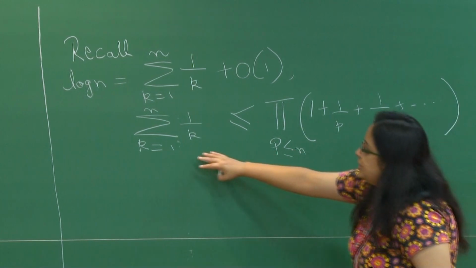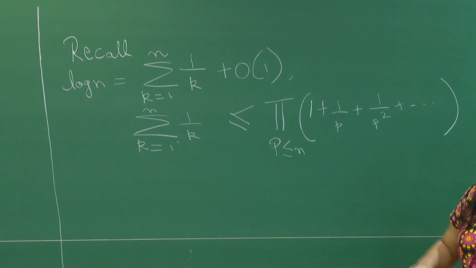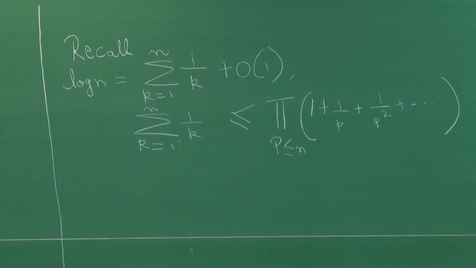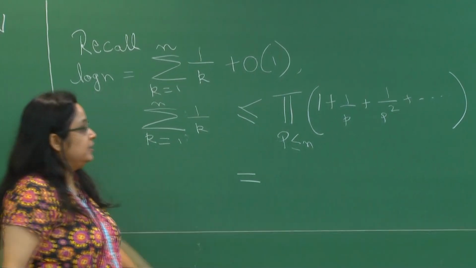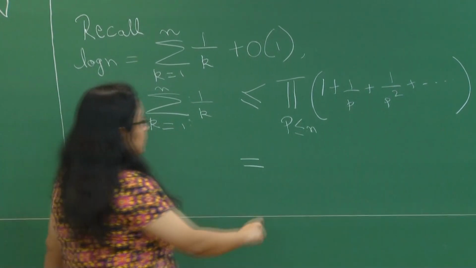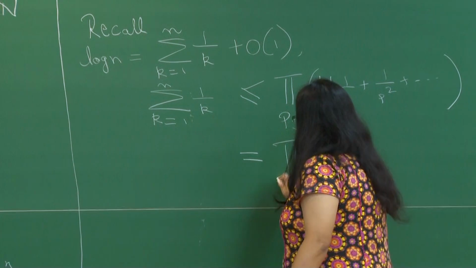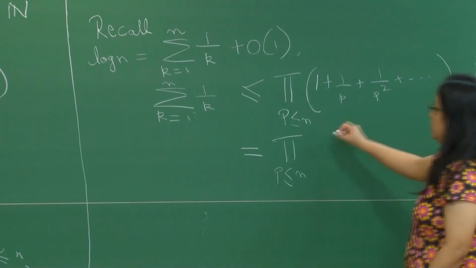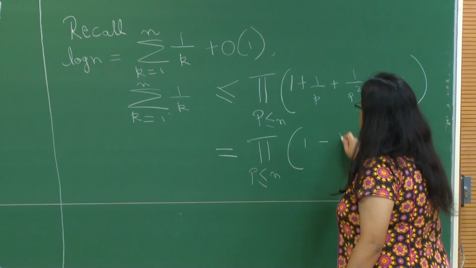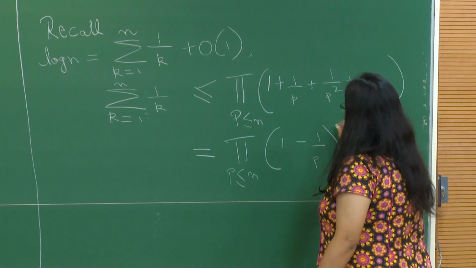So, this inequality is just encoding that observation in an analytic fashion, as we learnt last week. And so, of course, the inner product is just a geometric sum. So, what is this? The product over all the primes up to n of (1 minus 1 by p) inverse.